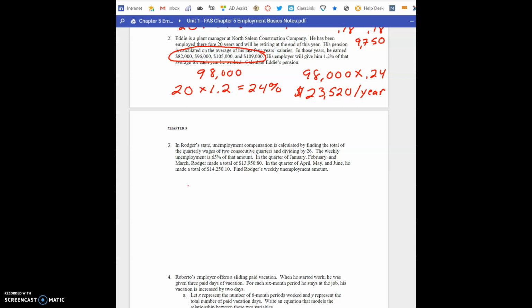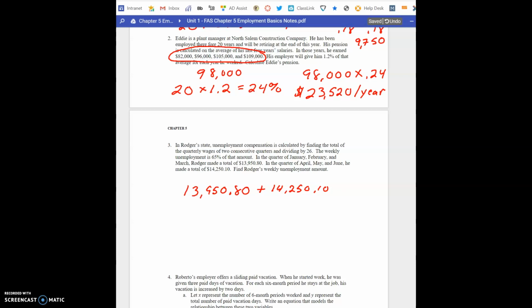All right, so $13,950.80 plus $14,250.10. Those are his first 2 quarters' wages. That's what he made January, February, March, April, May, and June. Add all those up.